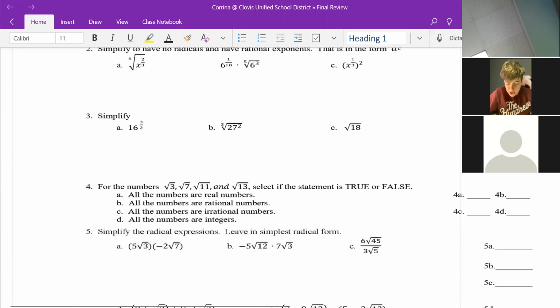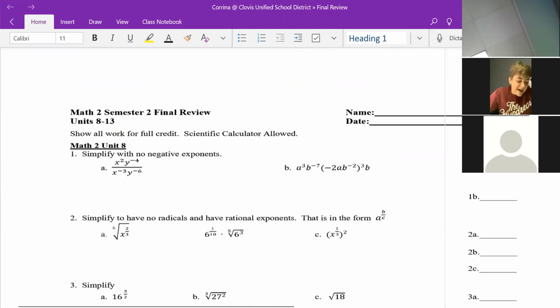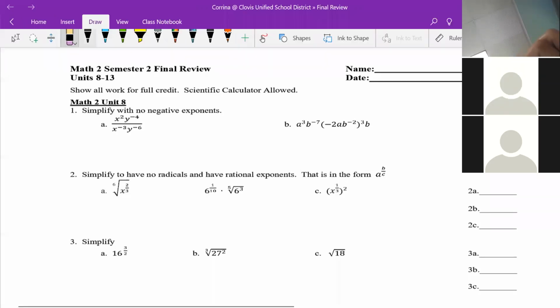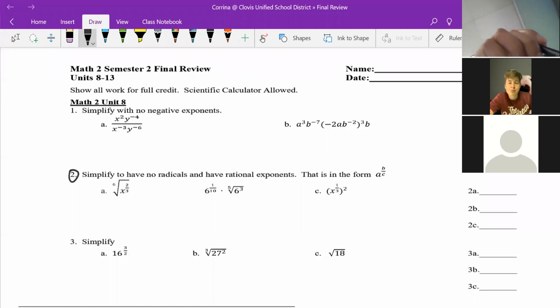Yeah, number 2, 2A. I kind of like that. Okay, so there was the mathematical way and the shortcut way.